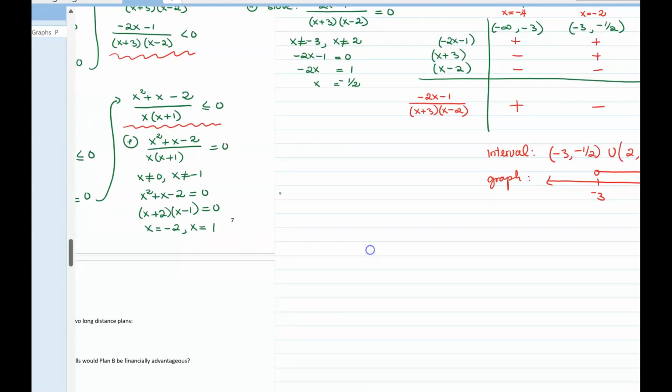And here's our number line. Negative infinity to negative 2, negative 2 to negative 1, negative 1 to 0, 0 to 1, and 1 to infinity.